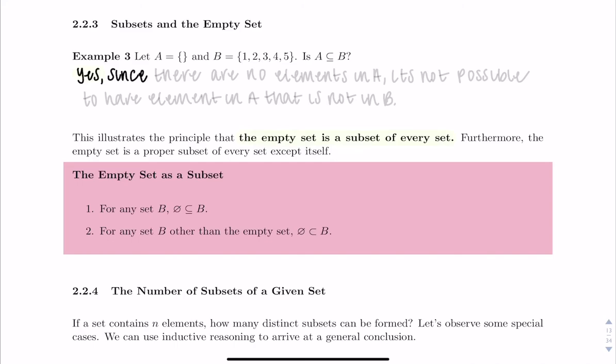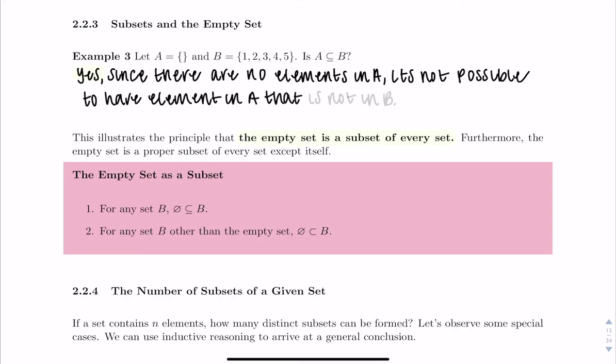Since there are no elements in A, it's not possible to have an element in A that is not in B. And so the empty set is a subset of every set.